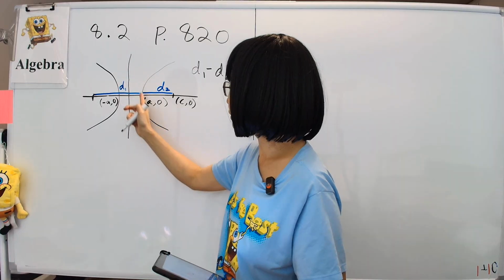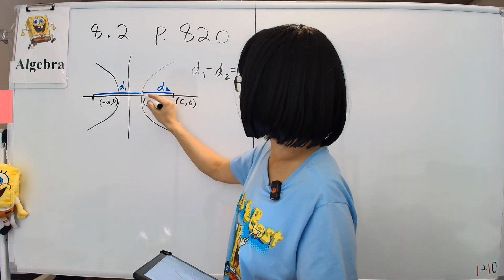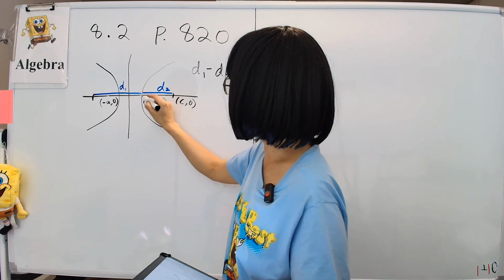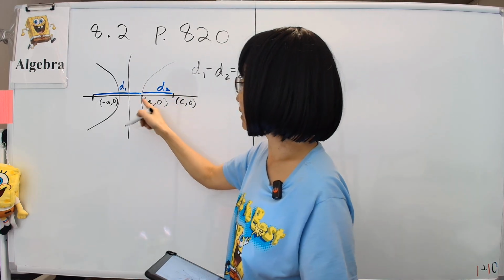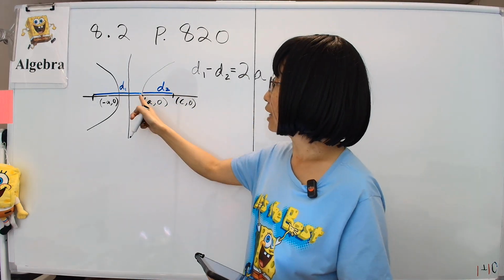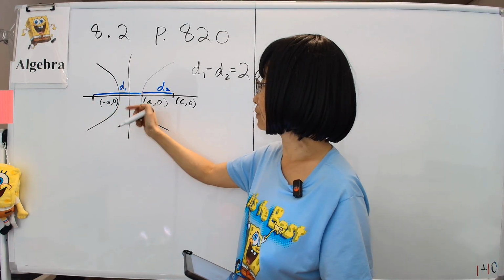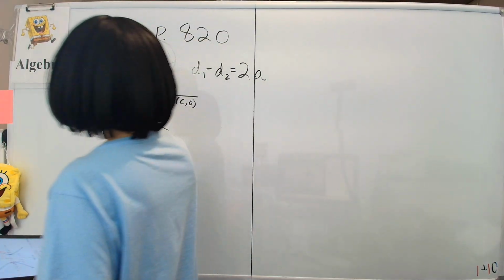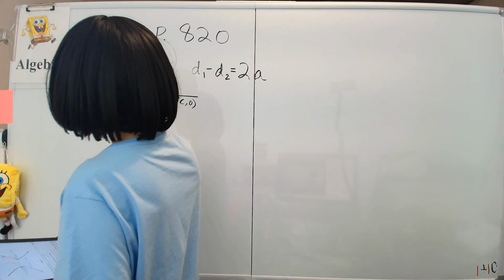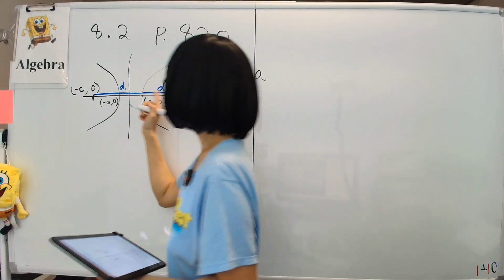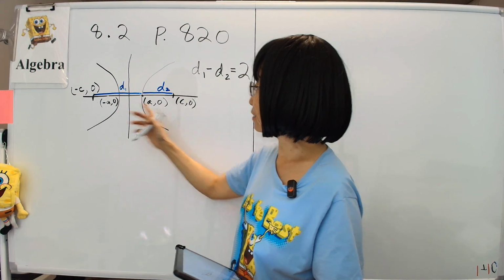If you consider the point down here at a comma 0, then d1 is calculated from one focal point, which I should write down: negative c comma 0. And the one over here is c comma 0.